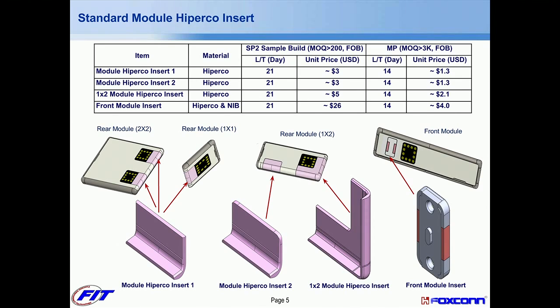These both are for the 1x2 module. Also, there is a front module insert. The table here shows the part number, part name, material, and lead time with roughly cost information per DevCon request.